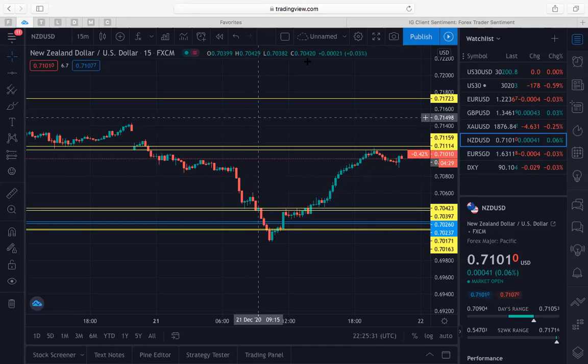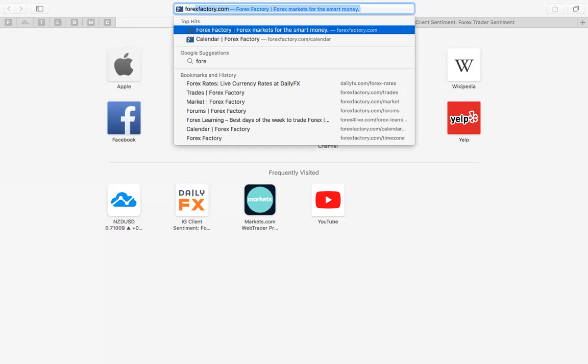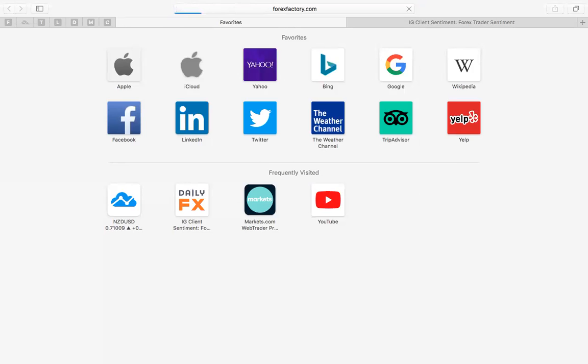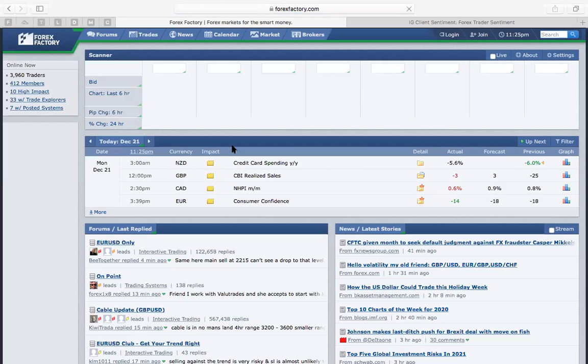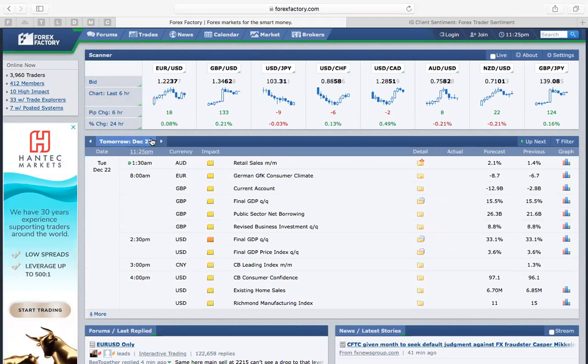And I could also check what is happening, what pairs am I expecting movement on, on Forex Factory. You could see there was an NZD news, GBP, Euro, but it was very light, so that's why I picked the NZD. So I could either pick NZD or Euro.